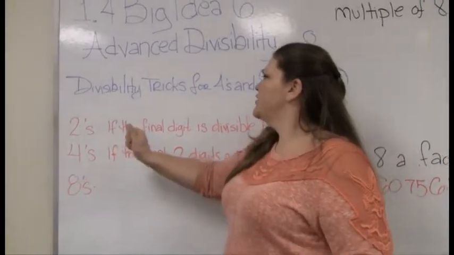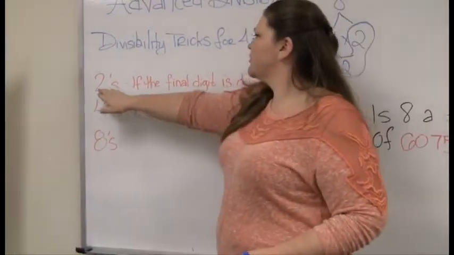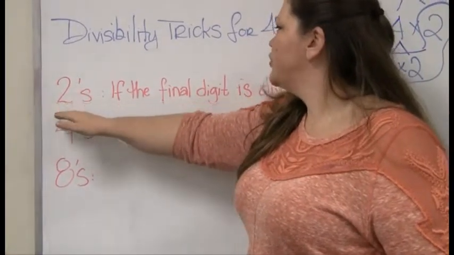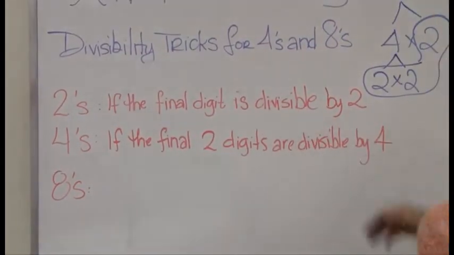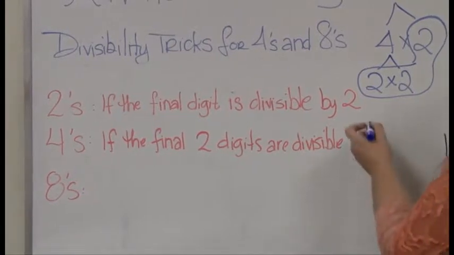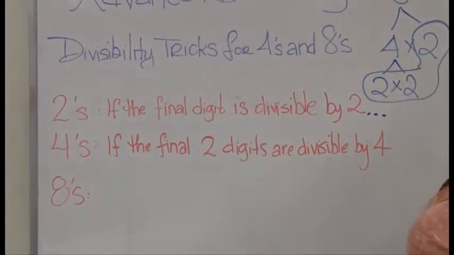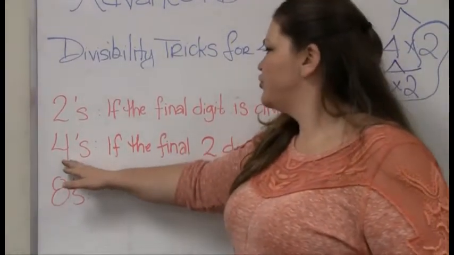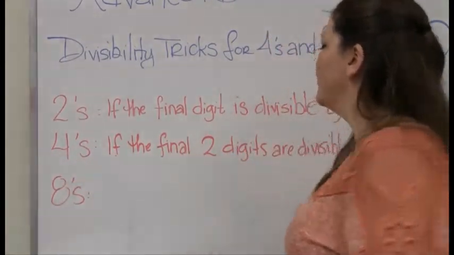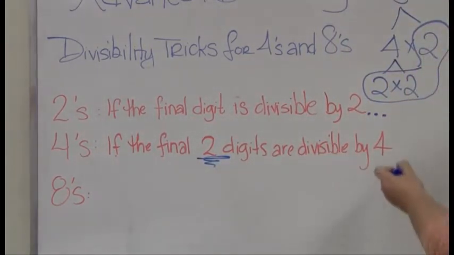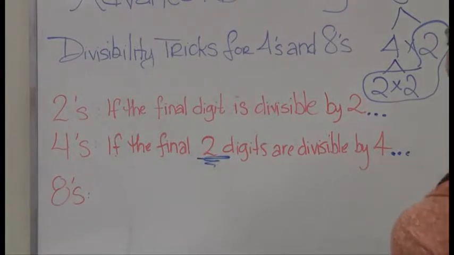So I'm going to remind you of the first two divisibility tricks that we learned about these similar numbers. The first was 2's. We said if the final digit is divisible by 2, then the number itself is also divisible by 2. Similarly, the 4's trick said if the final 2 digits are divisible by 4, then the number itself is divisible by 4.